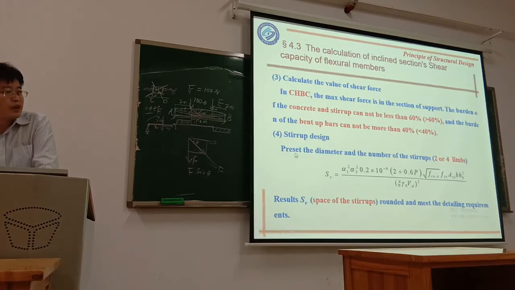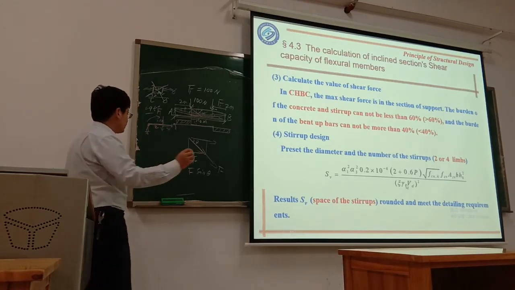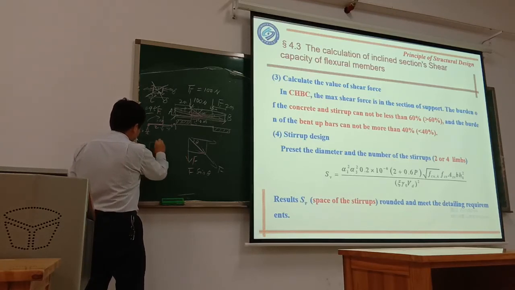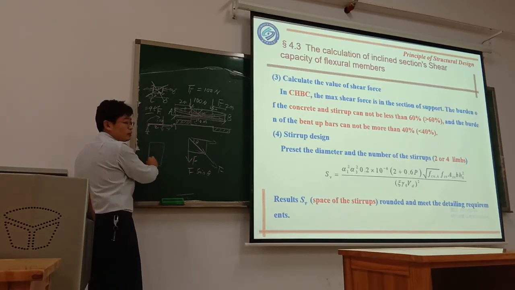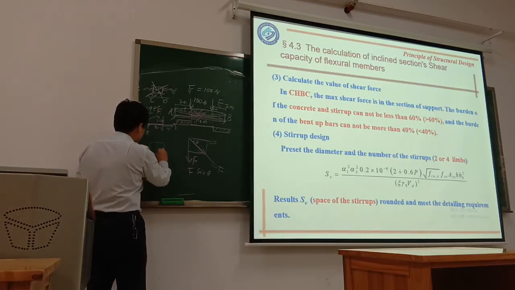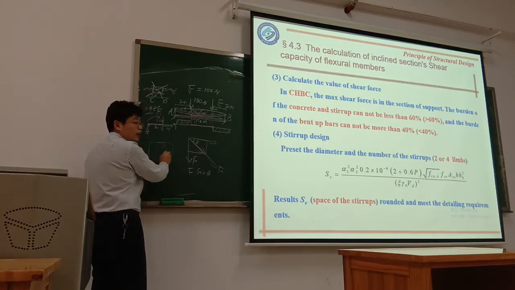Normally, we preset the diameter and number of the stirrups. The number means 2 lines or 4 lines, because we know we have different types of stirrups. This is 2 lines, and sometimes we got 4 lines.